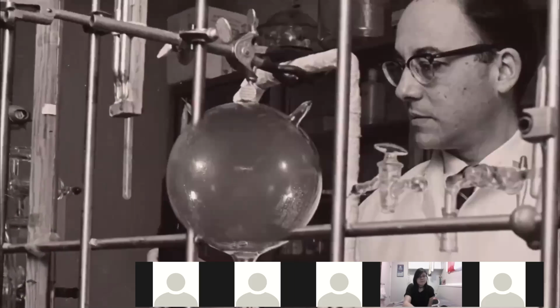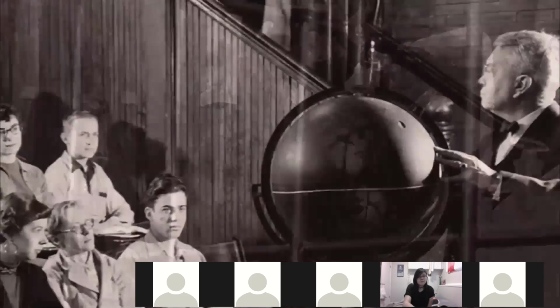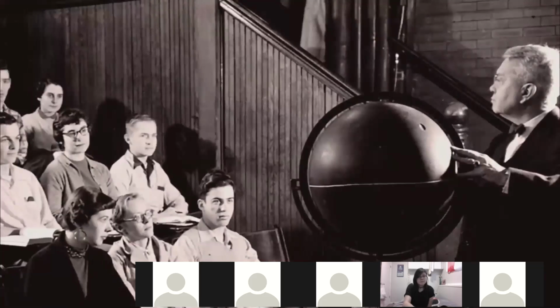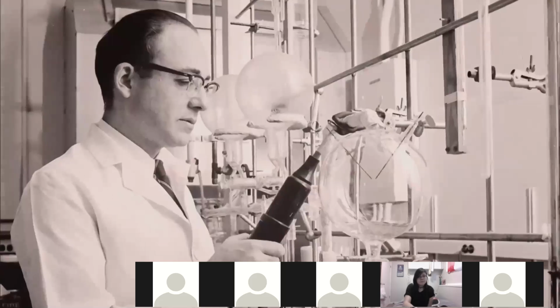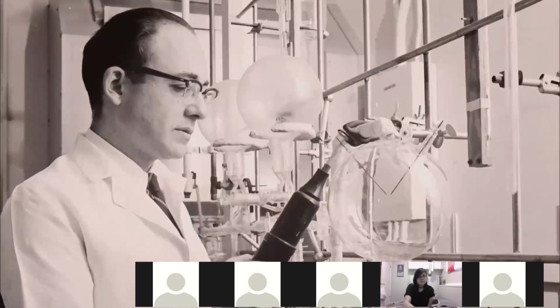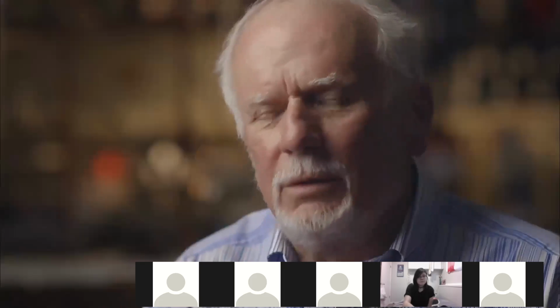In the early 1950s, Stanley Miller, the eager graduate student, and Harold Urey, the Nobel Prize-winning mentor at the University of Chicago, conducted this astonishing experiment where they made an early Earth environment. It looks like this sort of a Frankenstein-type apparatus, but actually it's a very carefully thought-out design.